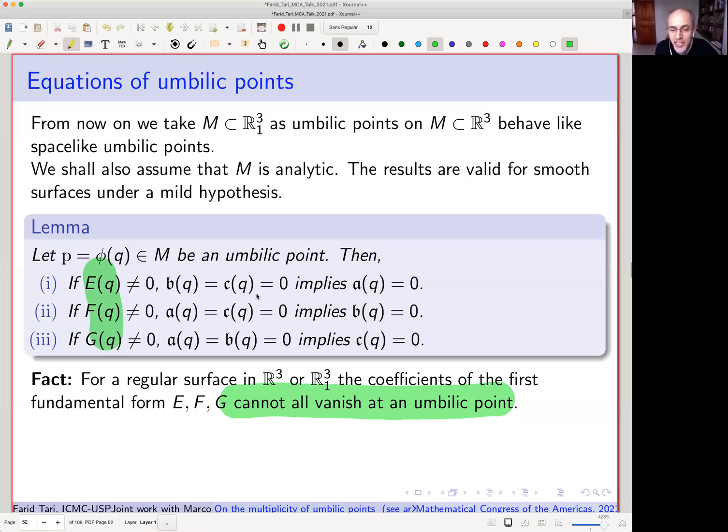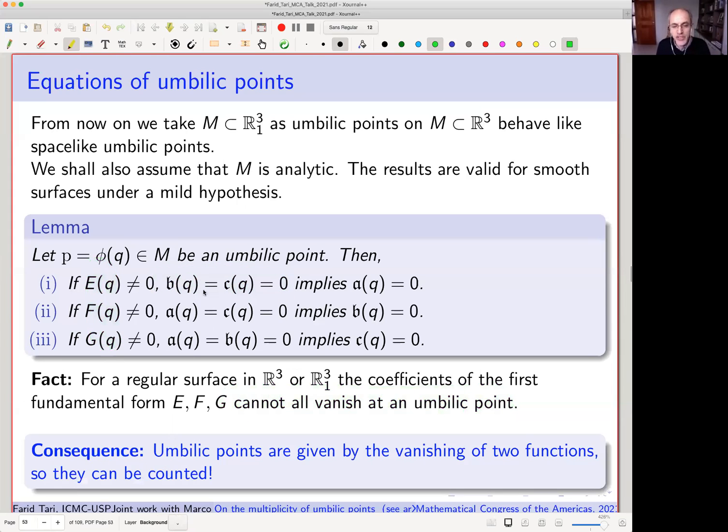If, for example, E is not 0, then the point is umbilic if and only if B equals 0 and C equals 0. The consequence of this elementary lemma is that umbilic points are given by the vanishing of 2 functions. And this is vital. Why? Because A, B and C are functions in 2 variables. If the umbilic points are given by the vanishing of 2 functions, then I can count them.